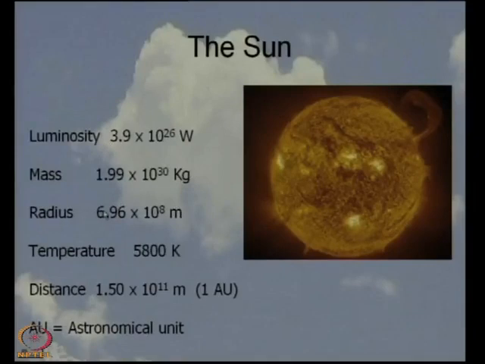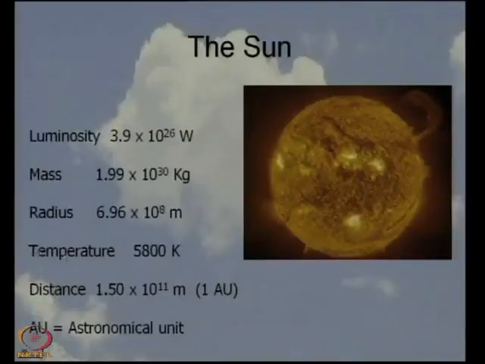The radius of the sun is 6.96 into 10 to the power 8 meters. So it takes around 2 seconds for light to travel from the center of the sun to the edge if it were able to propagate freely. Okay. That is the radius of the sun. The surface temperature of the sun, average surface temperature, is around 5800 Kelvin.